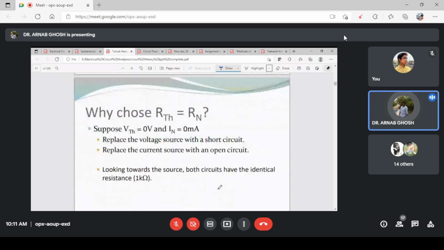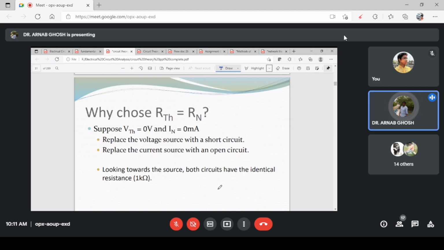So why are we choosing RTH equal to RN? Let us say that your open circuit voltage was 0 volt and your current was 0 milliampere, because we have replaced the voltage source with a short circuit and the current source with an open circuit.